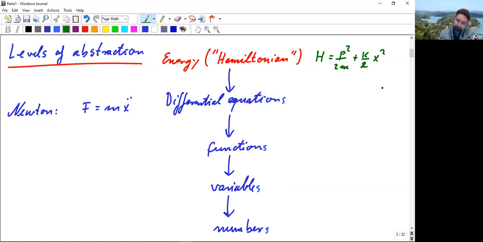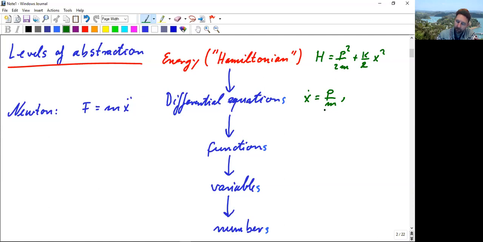Now, this is the total energy. From that total energy expression, Hamilton wanted to derive the differential equations that Newton would have written down. And they are that x dot, the time derivative of x, is equal to p divided by m.